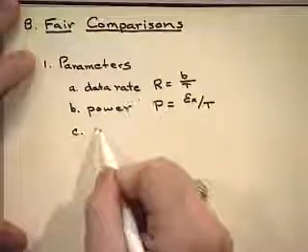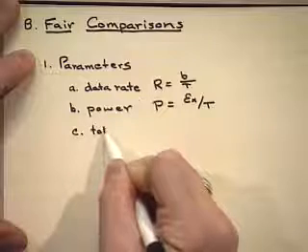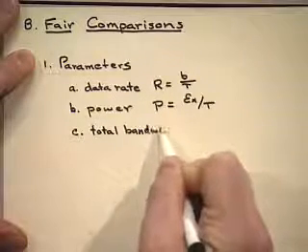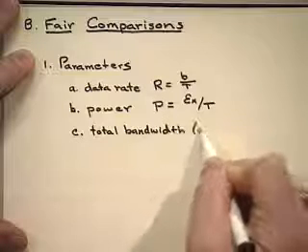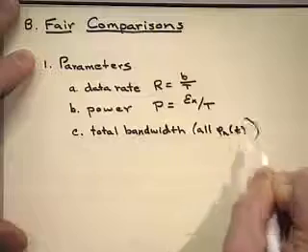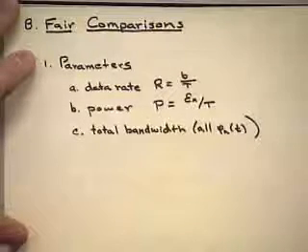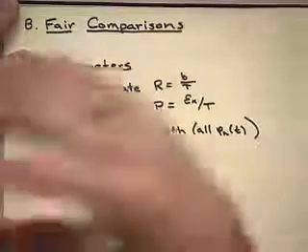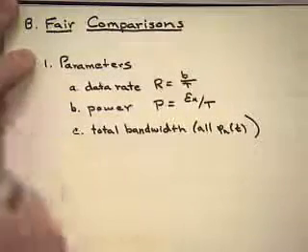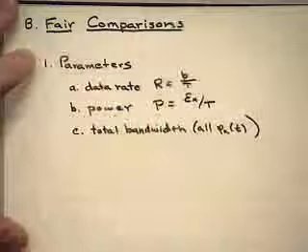C, total bandwidth. And this really means over all the phi_i's. So if you were to look at the Fourier transform of each and every one of the basis functions, what's the maximum frequency used? Or you could approximate it by saying, okay, it's small enough beyond a frequency.